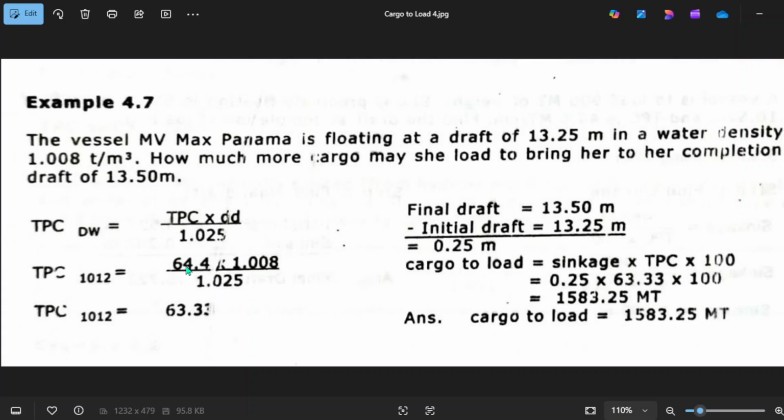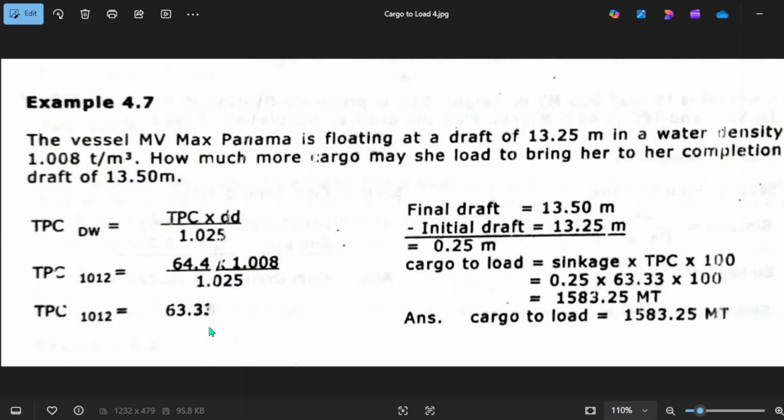If the value is multiplied by your local density over salt water of 1.025, the resultant should be fresh water. This should be 1.025, and this will be your TPC of salt water.